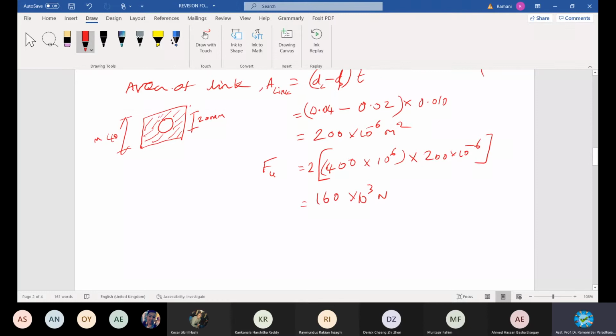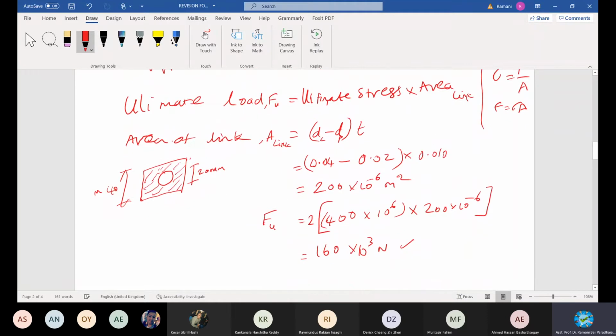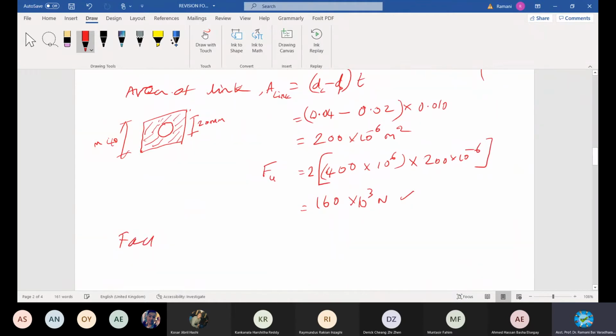Okay, good. Let's move on. Now we found out the ultimate load for this one. Can you find the factor of safety now? We have the ultimate load and applied load. Can we find the factor of safety? Factor of safety, mind the spelling, at the link is equal to the formula: ultimate load to applied load.